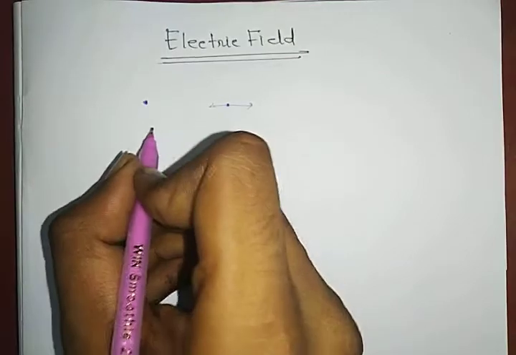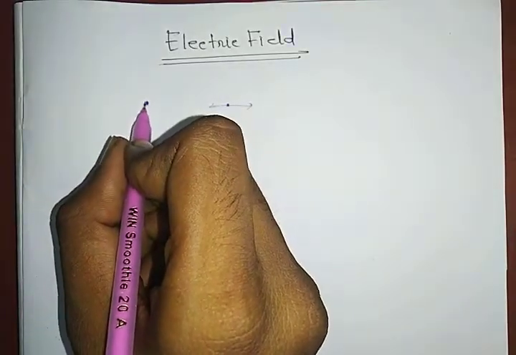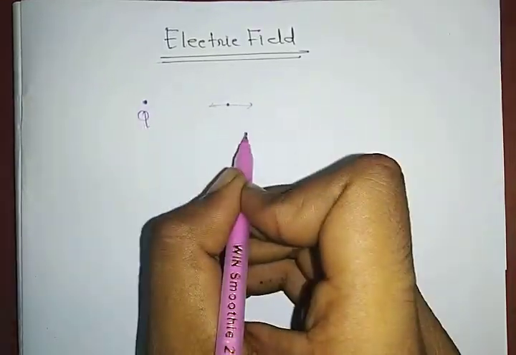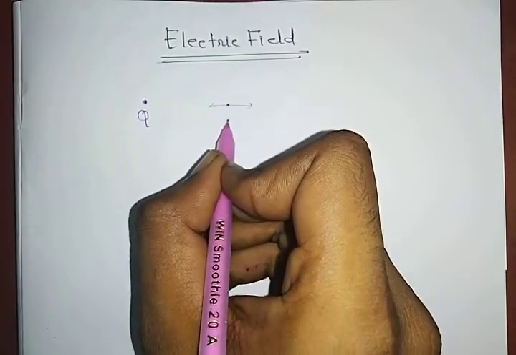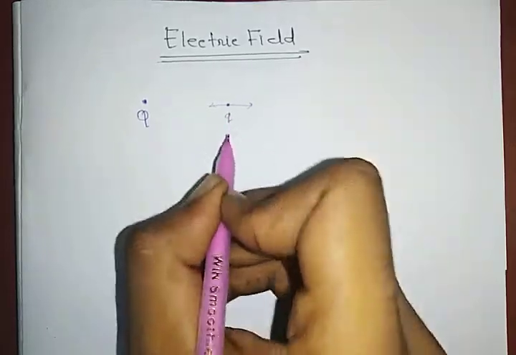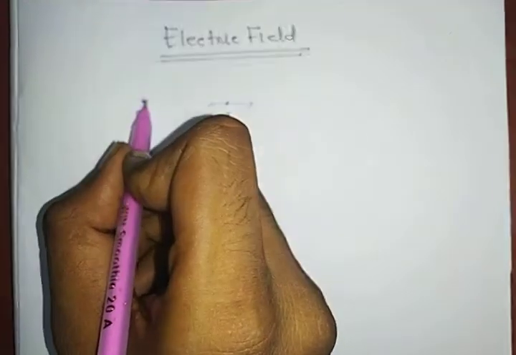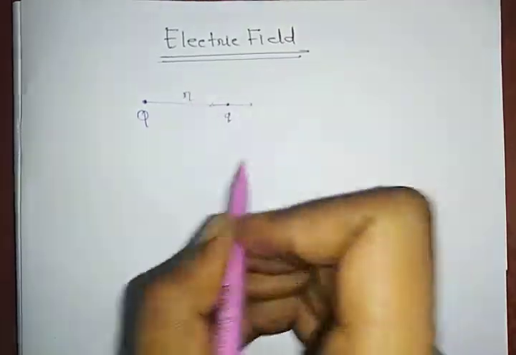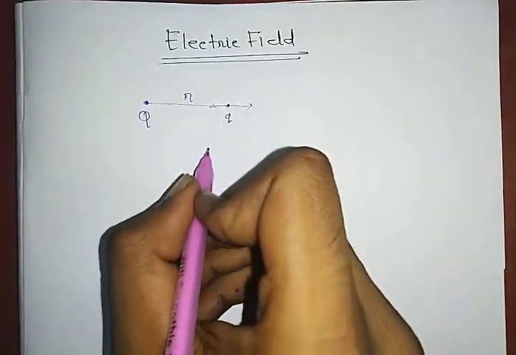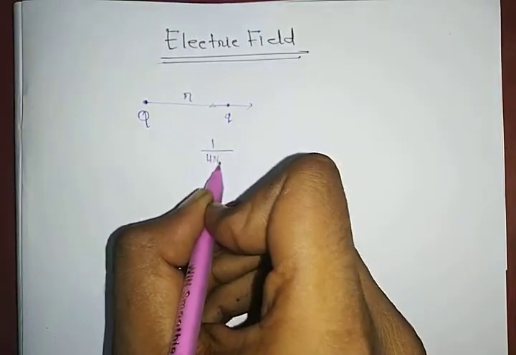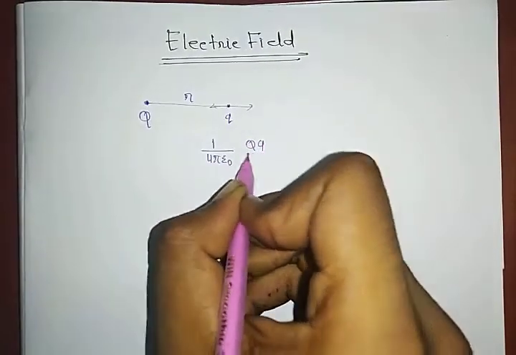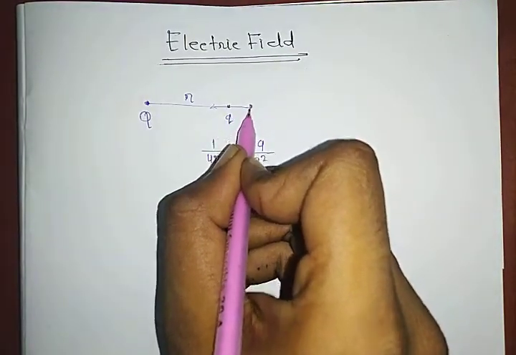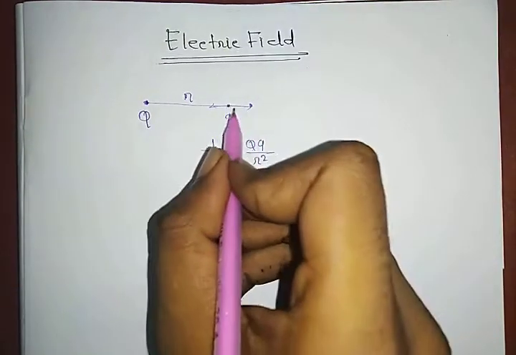Now, we know from Coulomb's law, suppose this particle has a charge Q, and this particle here has a charge small q. If the distance between them is r, the force between them becomes 1 by 4 pi epsilon 0 times Qq by r square, and it will be directed this way if they have the same sign.